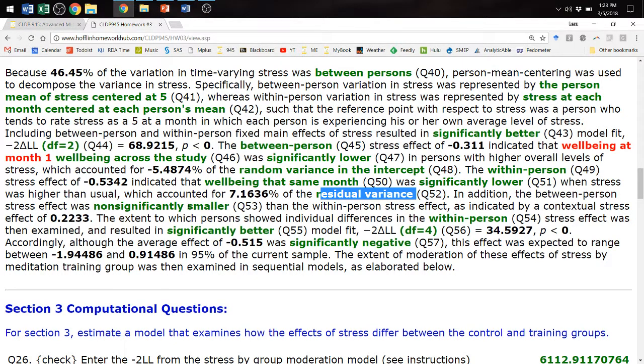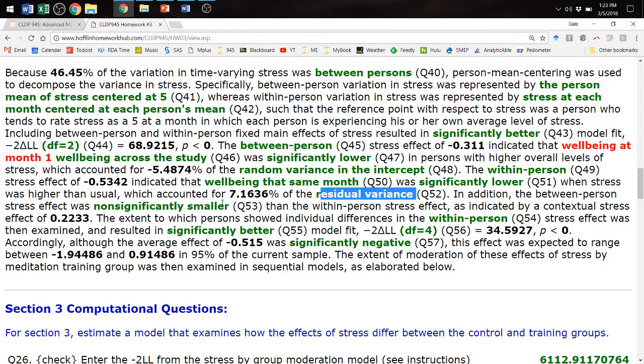And then I had several questions about this smaller versus bigger. I'm talking in terms of absolute value effect size. So the closer it is to 0, the smaller the effect. Even though it might be a more negative number, which is technically smaller on the number line, the interpretation that goes with that is that closer to 0 means a smaller sized effect. The further you get away from 0, either positive or negative, is a bigger effect.